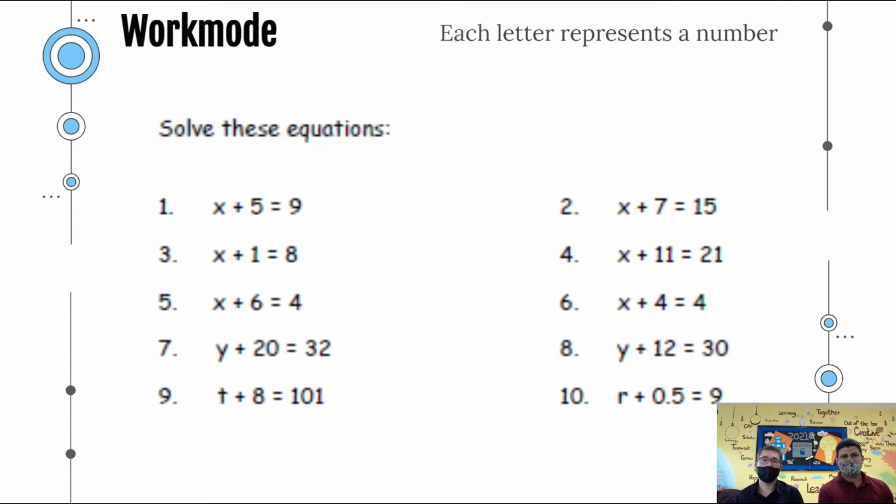So if you've done this in MathWiz, then you will know that you do x plus 5 equals 9, and then the next step you do x equals 9 minus 5. So x is equal to 4, okay? So that is how you solve these equations. So try to solve these equations, and most of them are simple subtractions, okay? So they're not very complicated, and yeah, try to find the answers for all 10 of them.